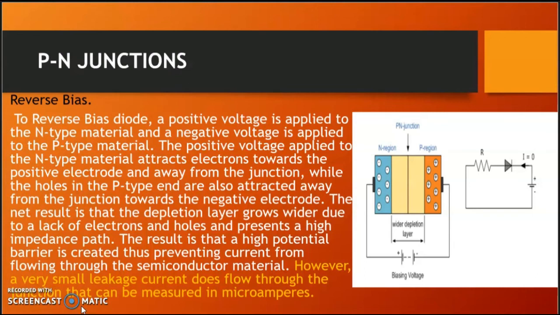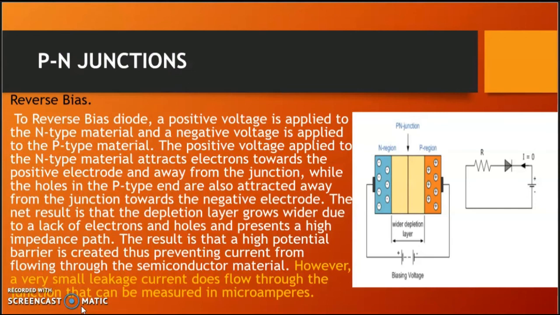So it is written here that in reverse biasing, the positive voltage is applied to the N-type material and the negative voltage is applied to the P-type material. The positive voltage applied to the N-type attracts the electrons towards the positive electrode and away from the junction, while the holes in the P-type end are also attracted away from the junction towards the negative electrode.